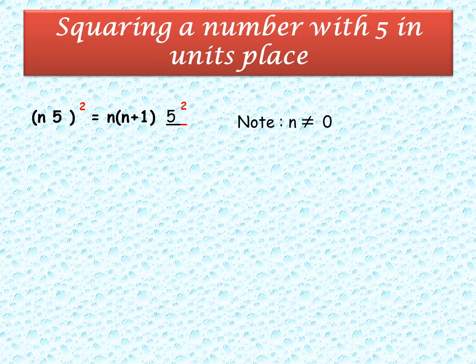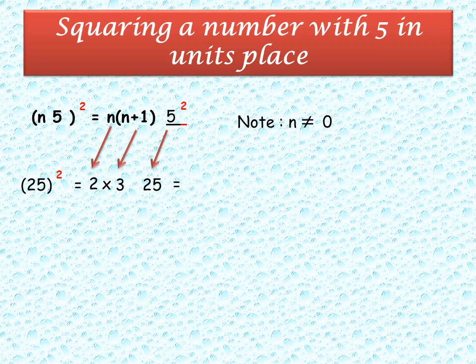Our first example is 25 square. So 2 is the n here, and n plus 1 is 2 plus 1, that is 3, and we have to add 5 square, that is 25. If we simplify this, we will get our desired answer.